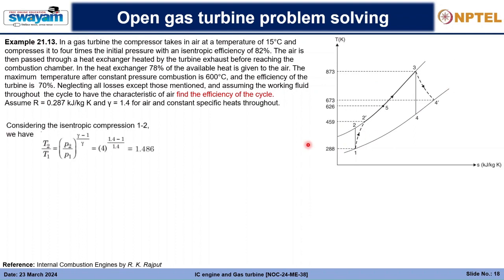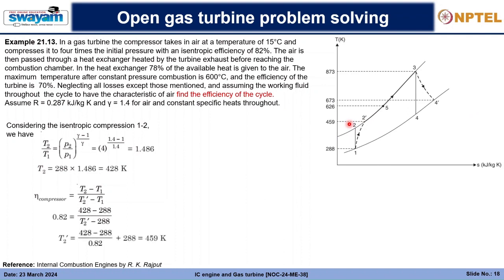So simple. Like the previous case, we first consider the compressor part. We know the expression for getting T2, and that is T2 equal to 482.8 Kelvin. Then we'll use the compressor efficiency and we will get the value of T2 dash. The T2 dash will be equal to 459 Kelvin.